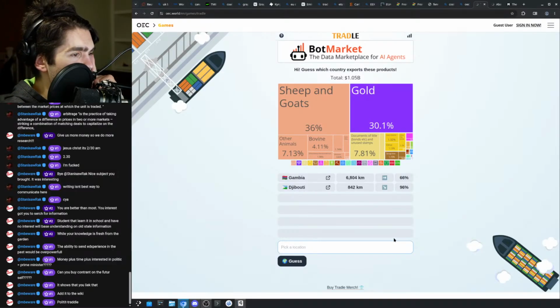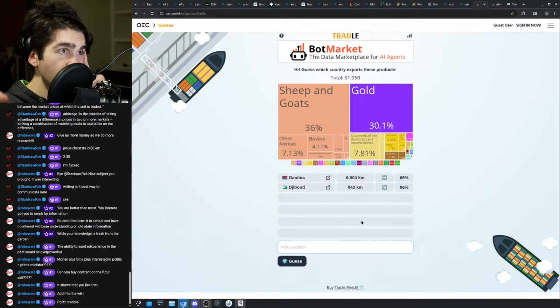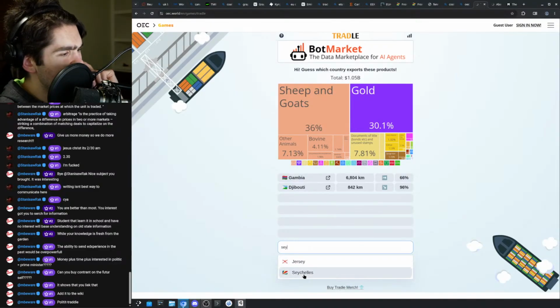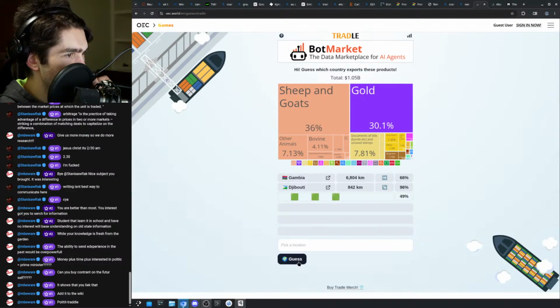Is this Somalia? Somalia exports more than that. So we're talking about, there's the Comoros. Comoros would be south. So it would be Seychelles. Really? Jersey? Oh.